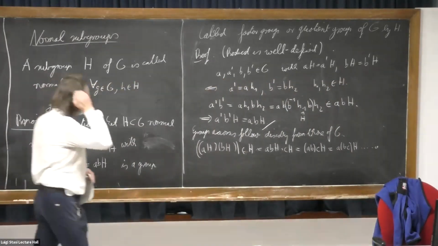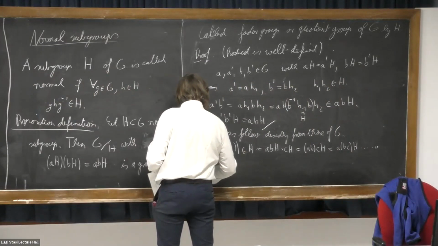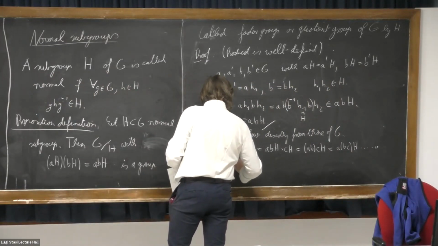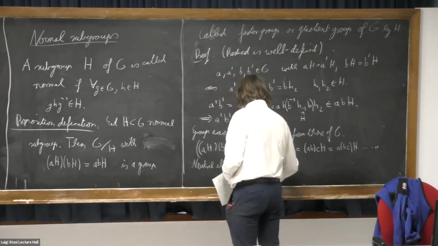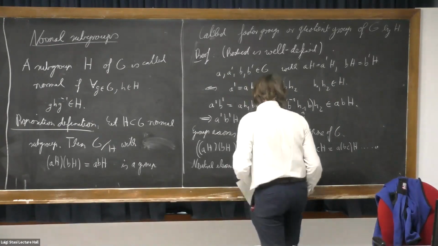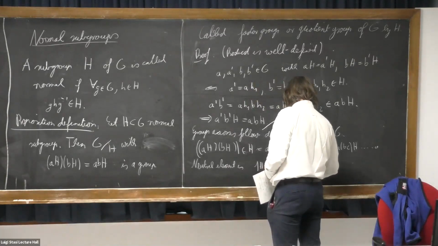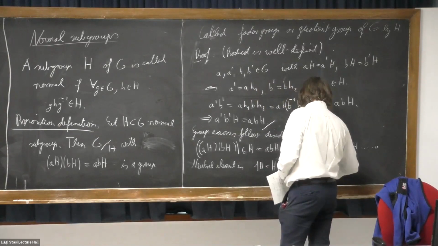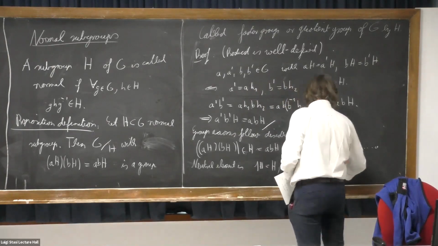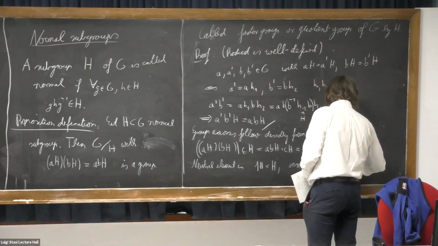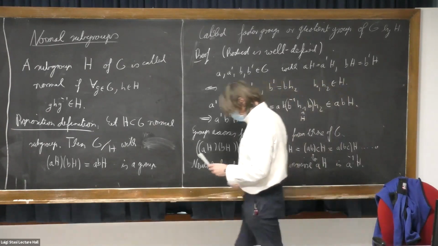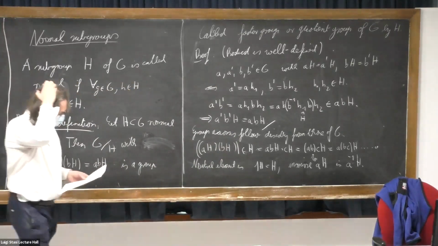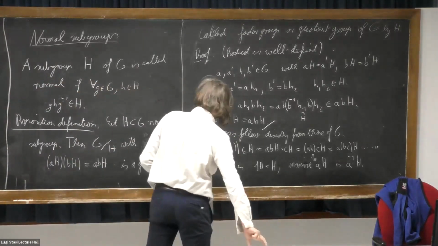And obviously, the neutral element is 1H, which is H, and the inverse of aH is a to the minus 1 H. So this is the definition of the quotient group.